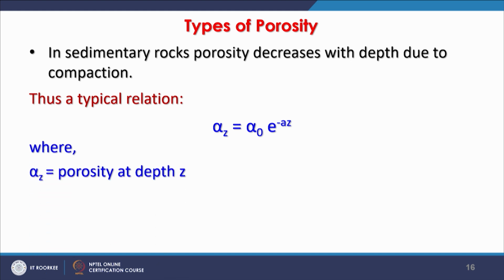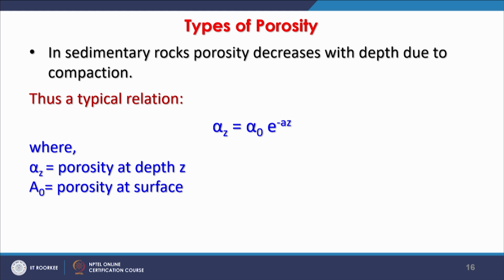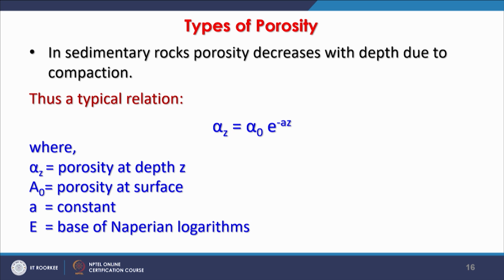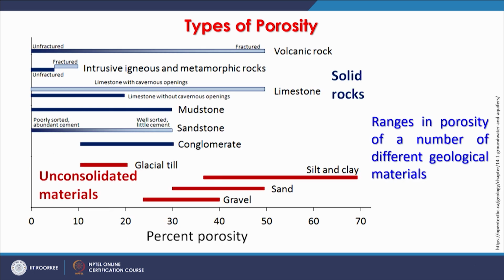Here alpha z is the porosity at depth z, because we are now talking about elevation, and alpha 0 is the porosity at the surface, where the z value is 0. Then a is of course a constant here, and e is the base of the Neperian logarithm. So, that can give you estimates of the porosity also.